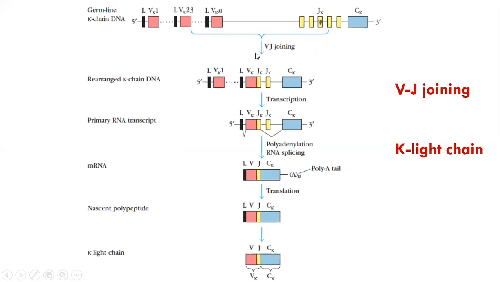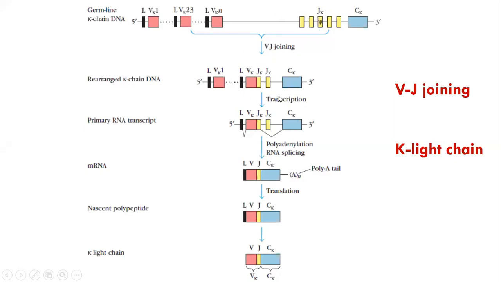By VJ joining, one of these, VK23, was able to combine with J4, and then there is a rearranged K chain. Forming the rearrangements, this will move here, this will move there. Then a reordered structure will form. Coming from the parent germline DNA, there is a rearranged DNA. The segments of the DNA moved.